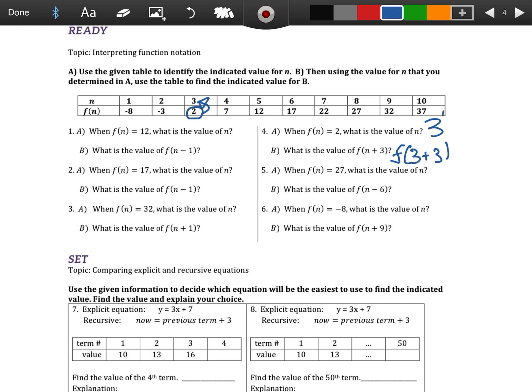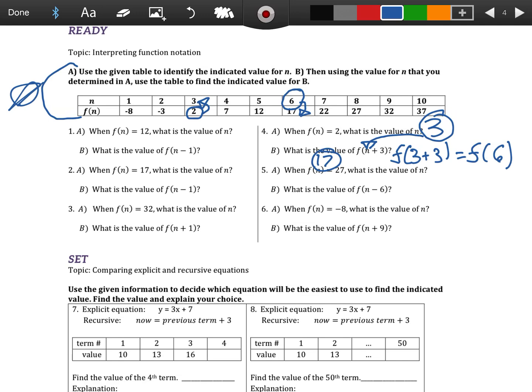And if I'm looking for the value of f of n plus 3, let's imagine again that I were to plug in 3, so this 3 in place of this n. And if we were to take this further, this would give f of 6. So what's f of 6 going to be? Well, then put 6, the output's 17, so it's 17.